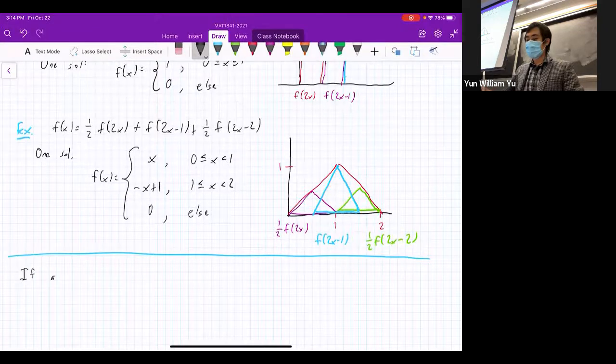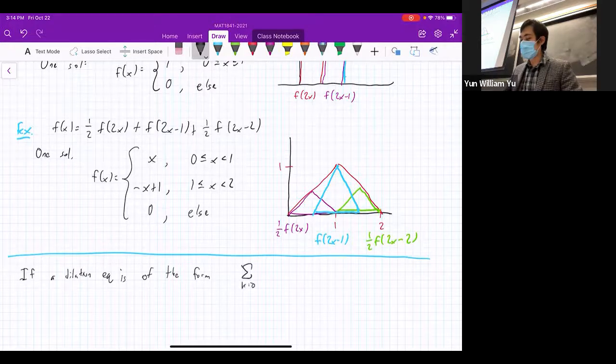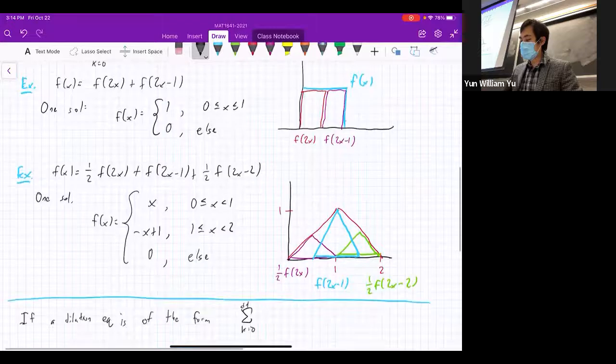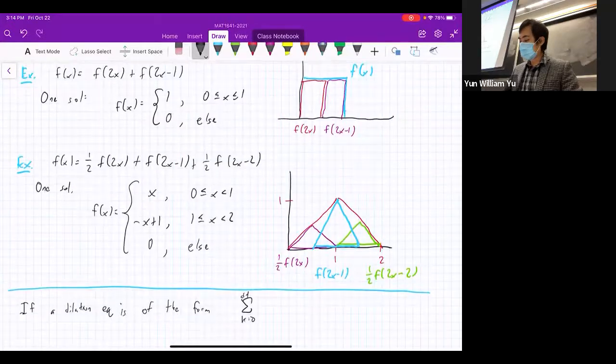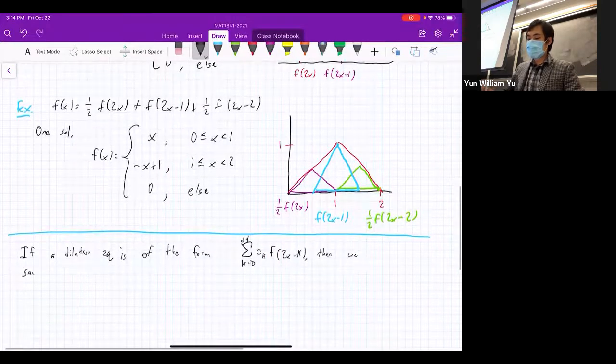So if a dilation equation is of the previous form, is of the form sum over k equals 0 to d minus 1 of c_k f(2x minus k), then we say that all dilations in the equation are factor 2 reductions.